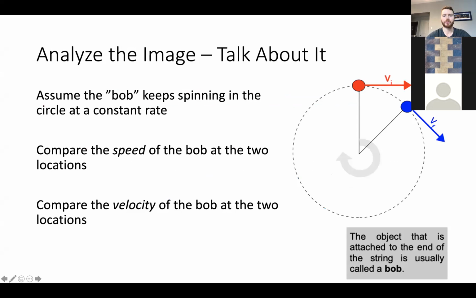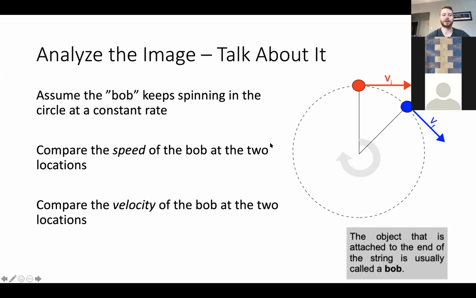Okay, so now we're going to analyze this image of what we're going to consider a bob. A bob is kind of a general term for anything that is attached to the end of a string and is rotated around.